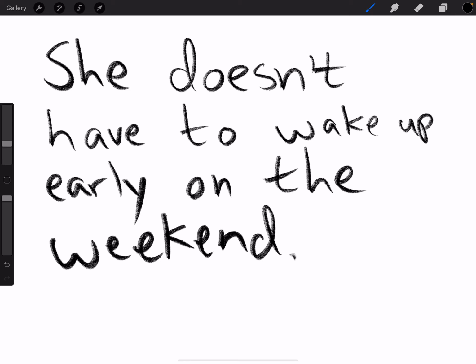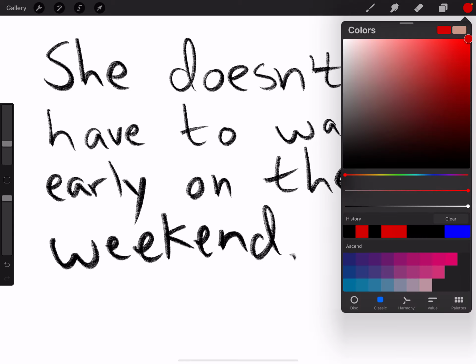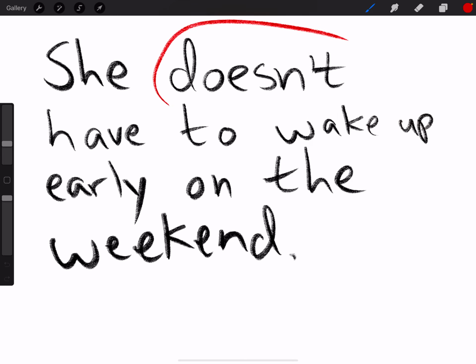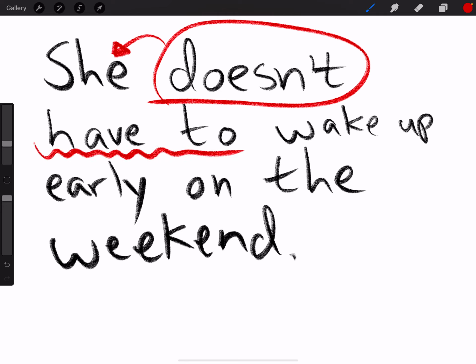So when we're negating, we're going to use the verb to do. And we're going to conjugate do with the subject here. So in this case, how do I conjugate the negative form of to do with she? Well, it's she doesn't, and then we have to.